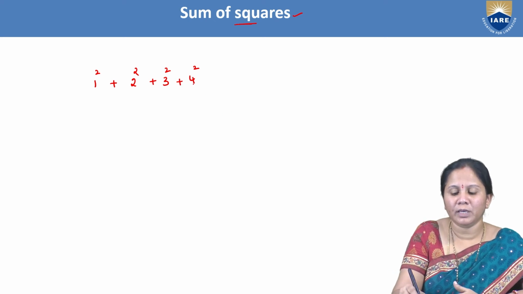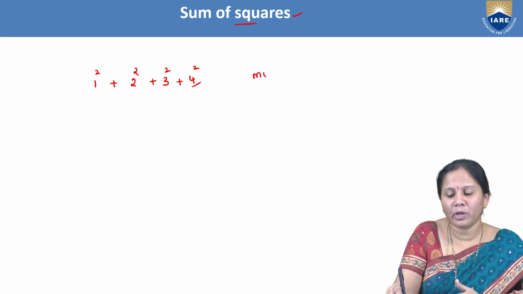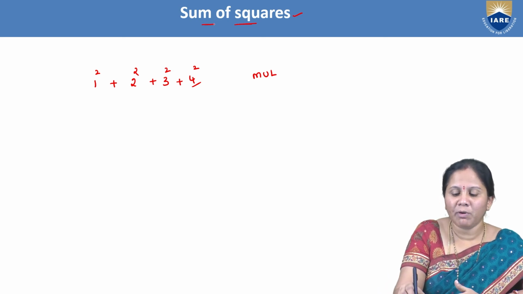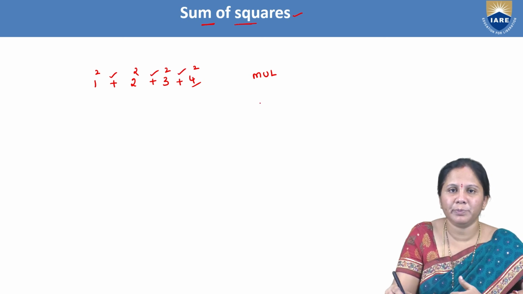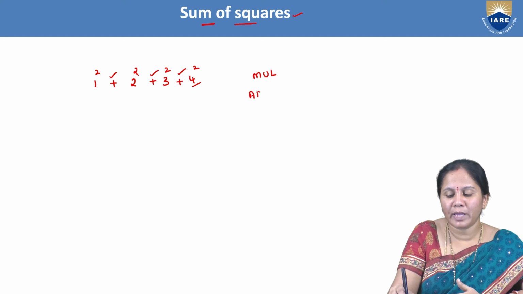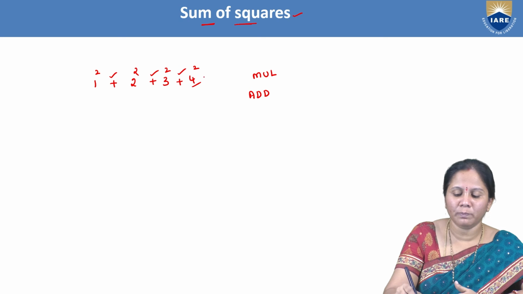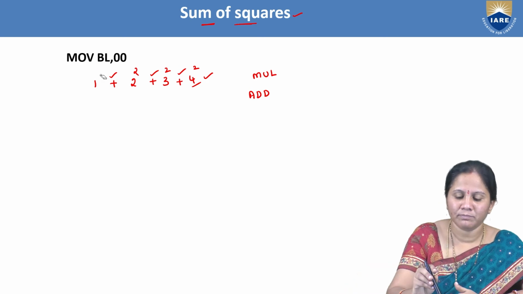In order to make a square, 4 square means 4 into 4. So to perform that, you have to use the instruction called MUL. And sum of squares means here we have to do the summing, the addition operation, between them. So in the program, we have to use the instruction called ADD. Let us see how we have to write the assembly language program to perform this operation.